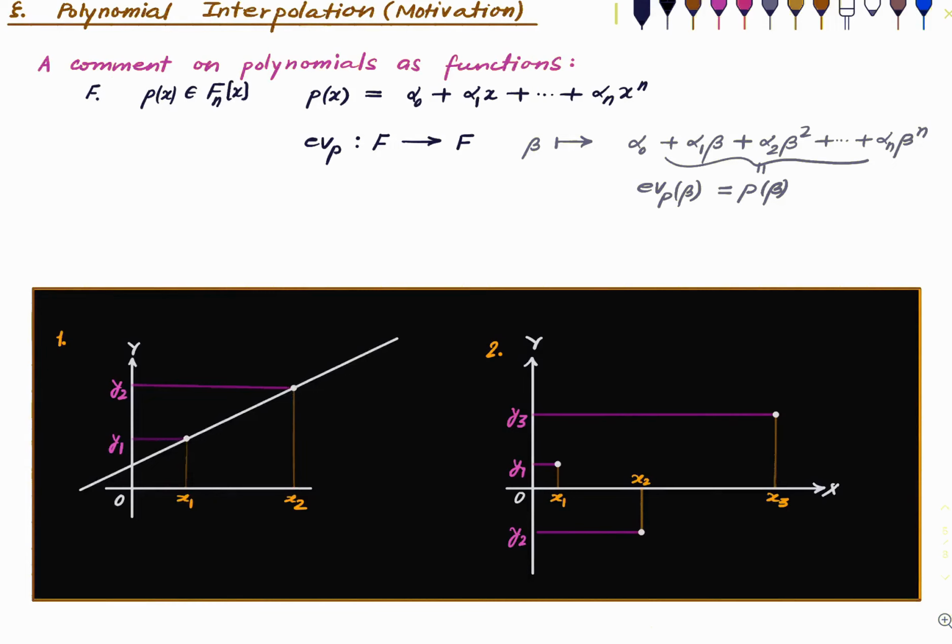What about the other situation? Here we have 3 points, 3 inputs, distinct, and 3 outputs, not necessarily distinct, even though in the picture they look distinct. Again, we would like to find a polynomial that fits this data, and in general, one cannot necessarily do with just a degree 1 polynomial, because these 3 points may not be on a line.